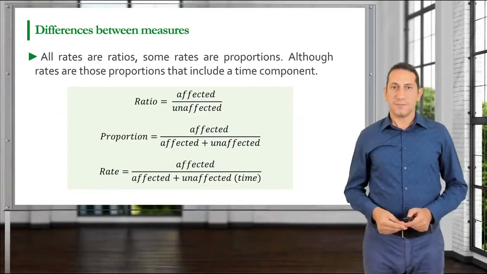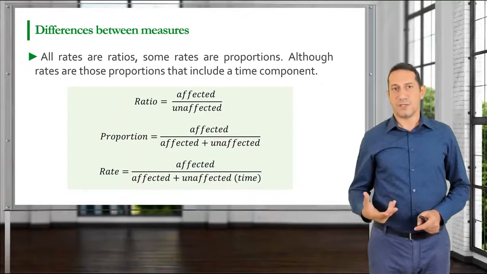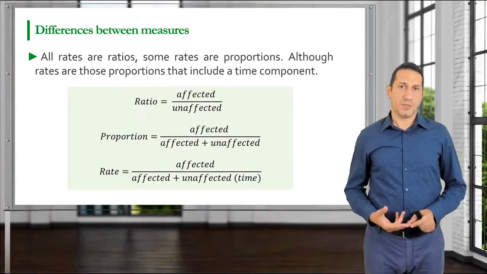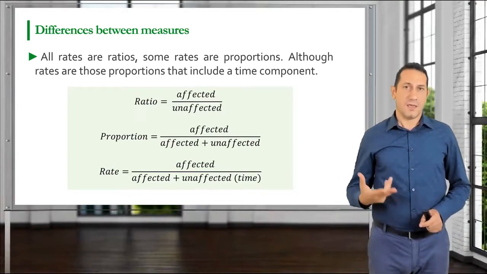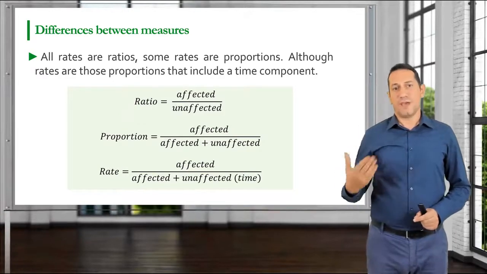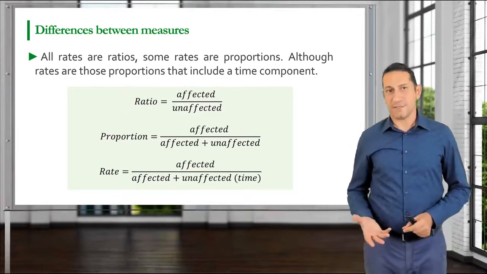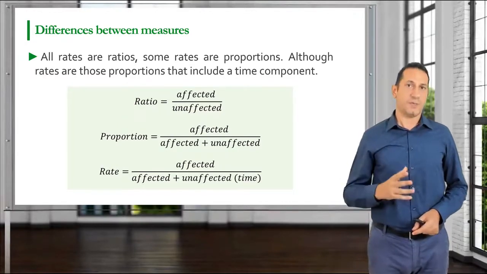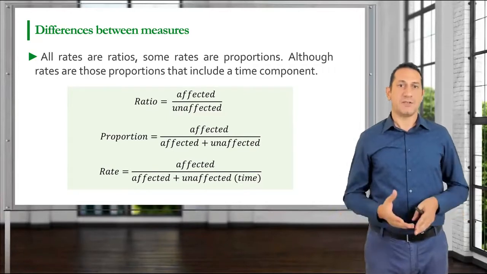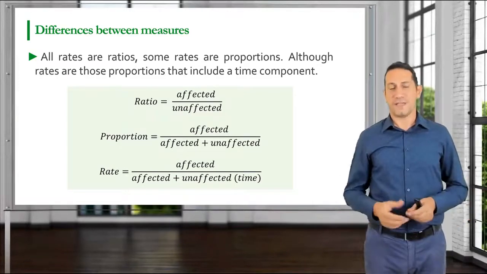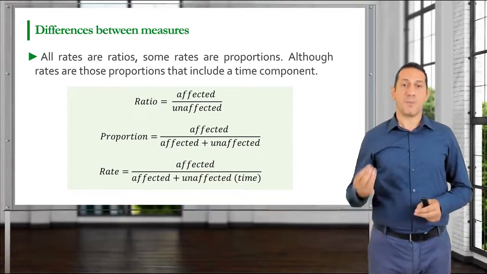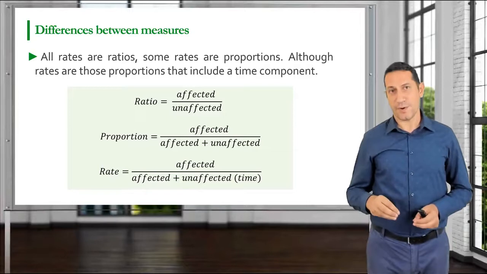The difference between the three measures we are talking about today is that the ratio has the numerator and the denominator mutually exclusive. For example, we have the affected and the unaffected animals. So for a ratio, there would always be two sides, and they are exclusive to each other, so either the affected or the unaffected. In a proportion, the denominator comprises within itself the numerator.